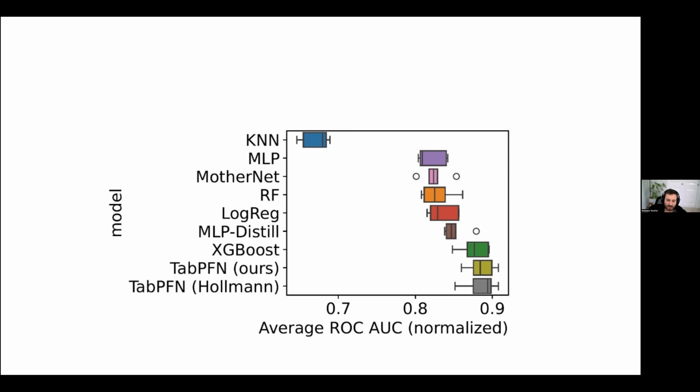Then we get a fast prediction time, but we spend a little more time during training because we have to train this small neural network using gradient descent from the output of TabPFN.